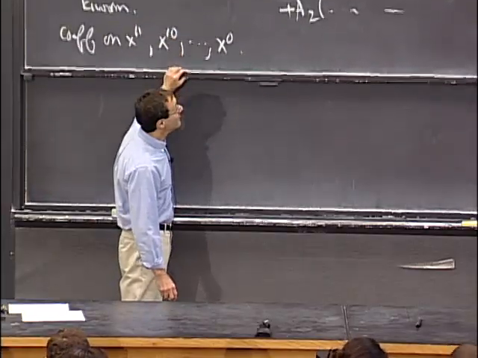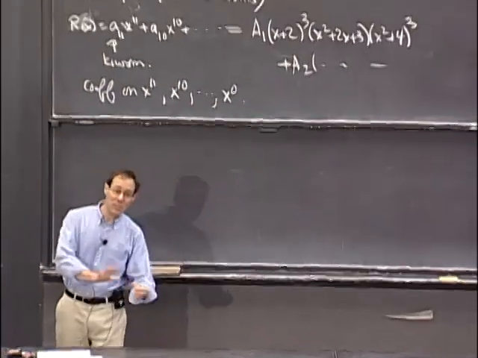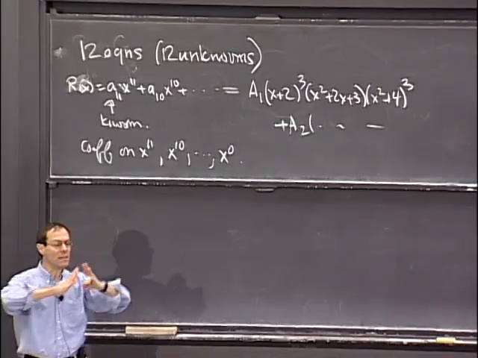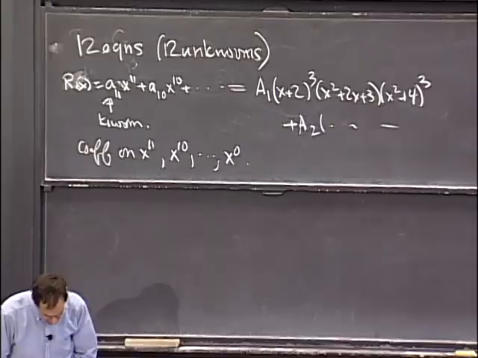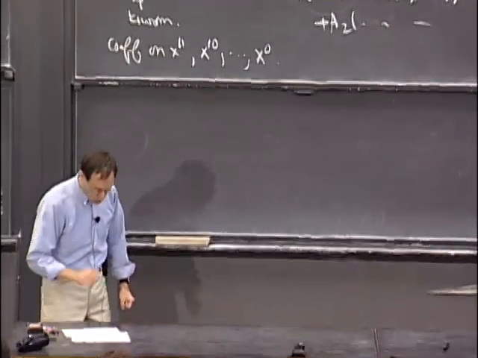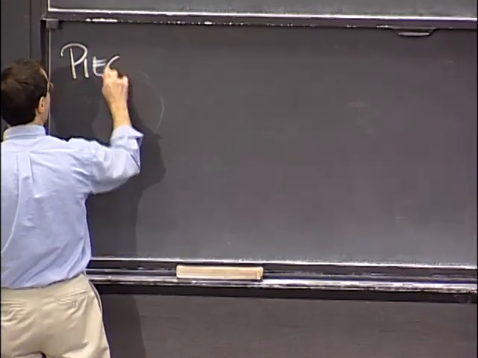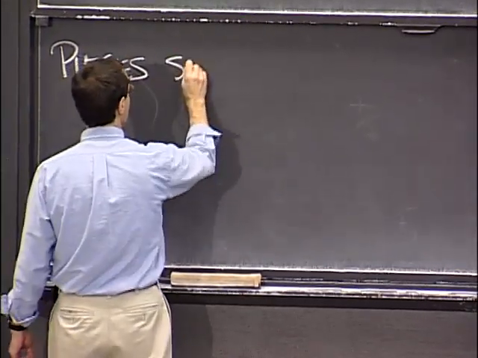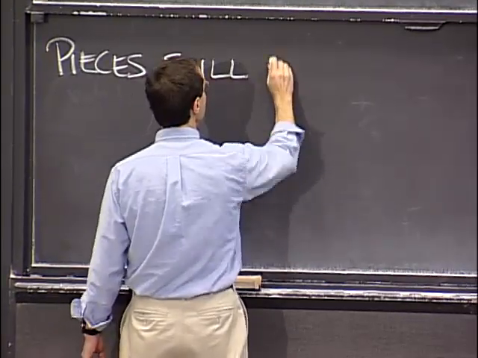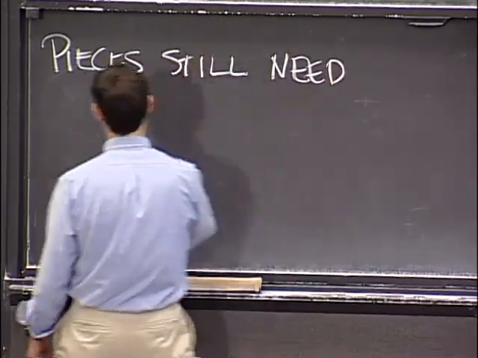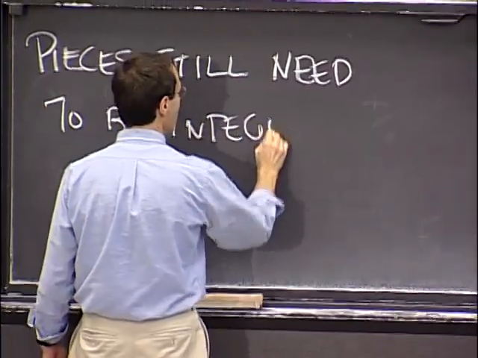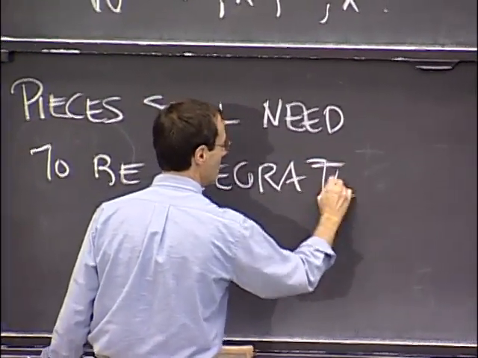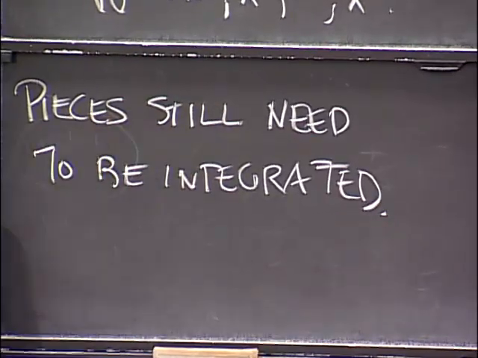All right. So that's the first downside to this method. It gets more and more complicated as time goes on. The second downside I want to point out to you is what's happening with the pieces. So the pieces still need to be integrated. Right? We simplified this problem, but we didn't get rid of it.